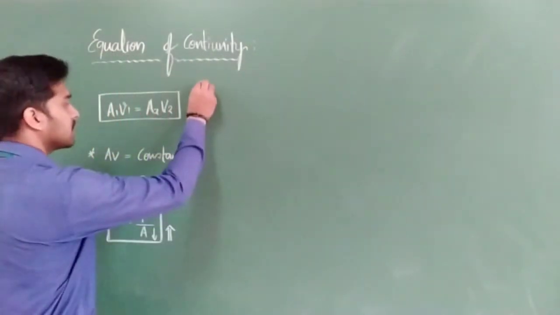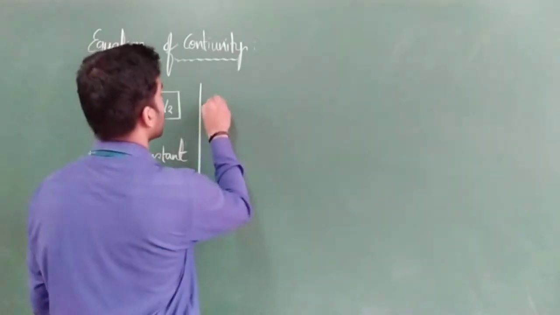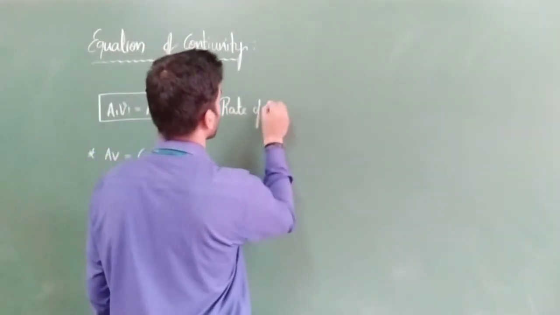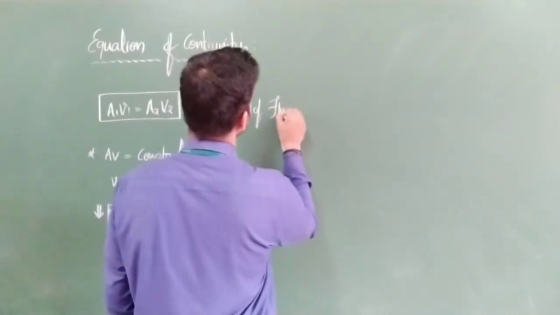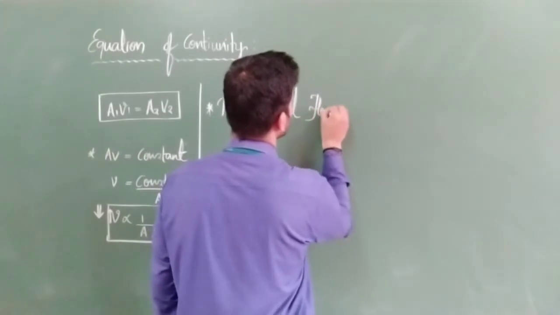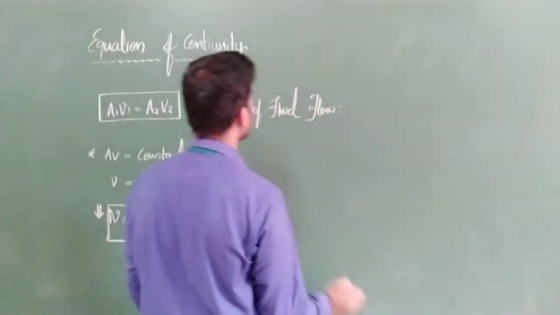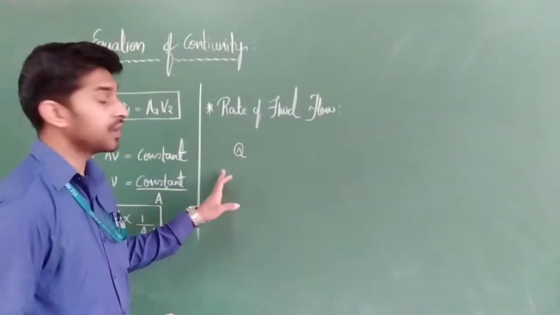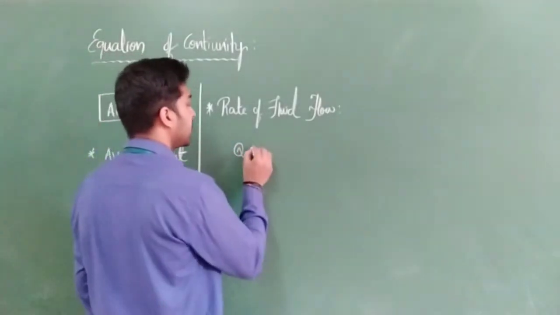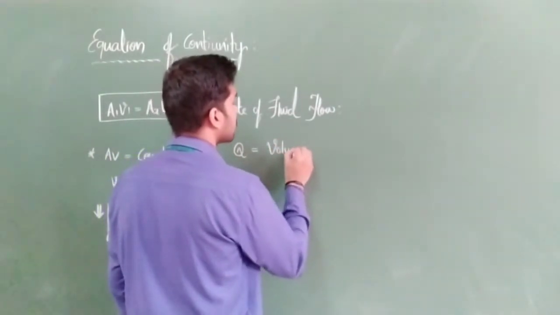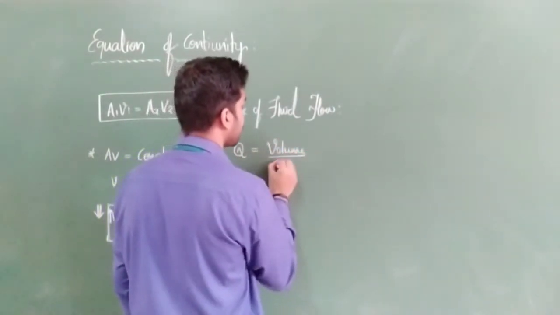So I can write, the rate of fluid flow is given by Q. Here, the rate of fluid flow is given by Q. It signifies the volume of water which is entering in unit time.